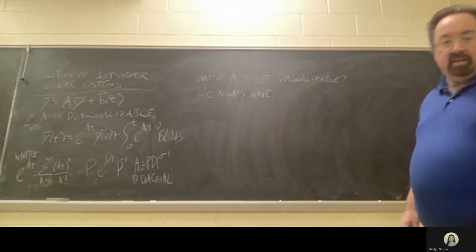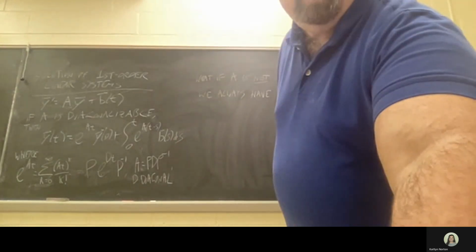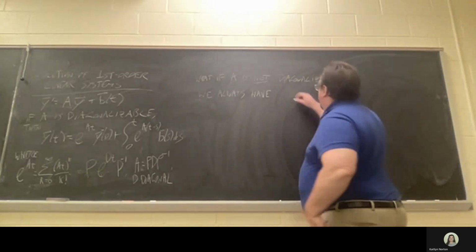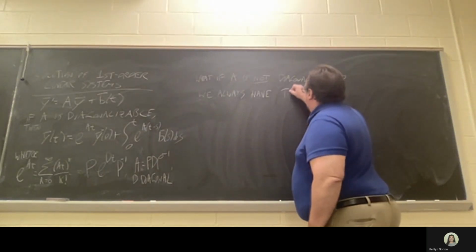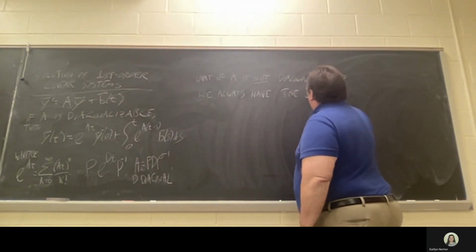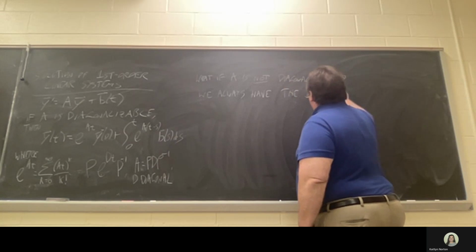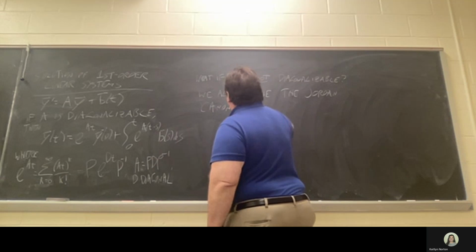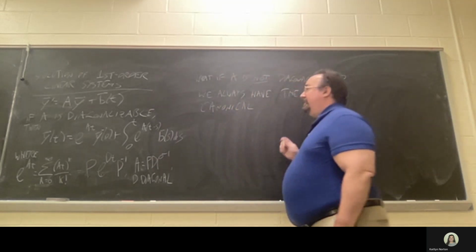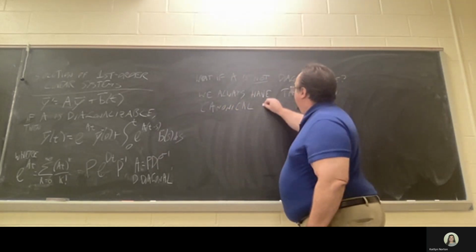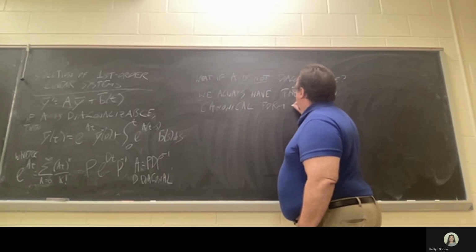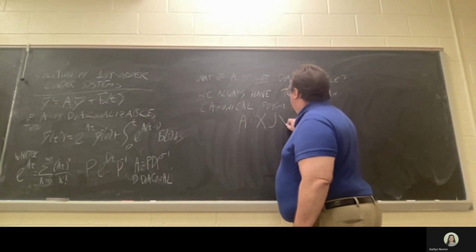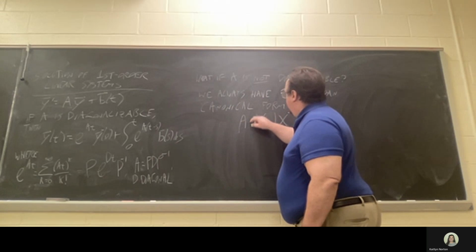All right. So A is equal to, well, I'll give the name of it first. The Jordan canonical form, which I did bring up, I believe, briefly in Math 610. So A is equal to XJX inverse.